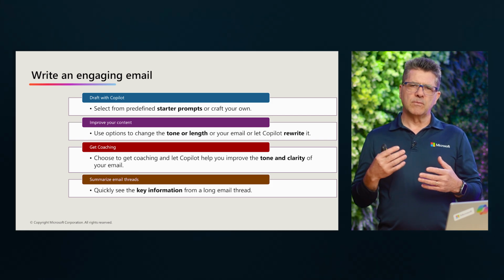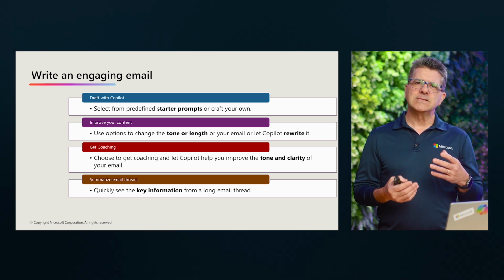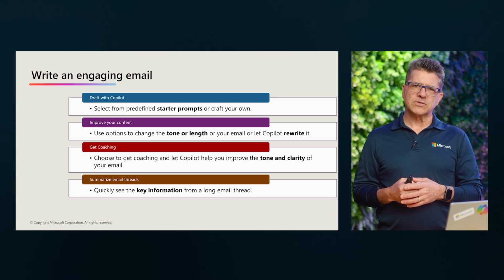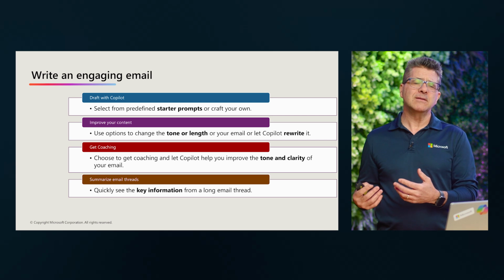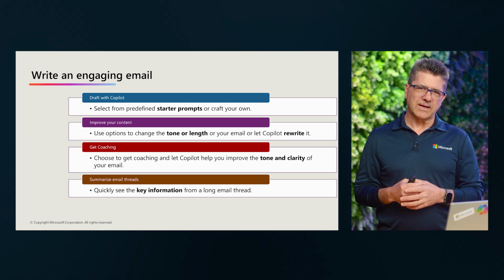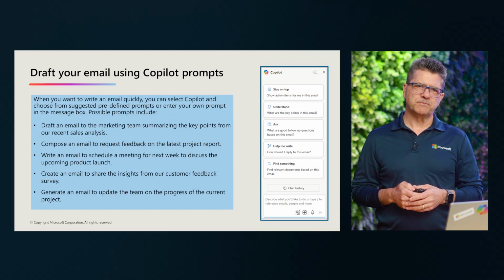With that, I can also, just as you saw in Microsoft Word, and of course in Excel or PowerPoint, change the tone, change the length, and rewrite that email any way that I want. And I can also ask Copilot to be more clear. Maybe I'm not a great writer, and now I'll be able to really enhance the quality of my communication. And with that, I can also look at the key information. Maybe there are some key insights that I want to extract from those emails.